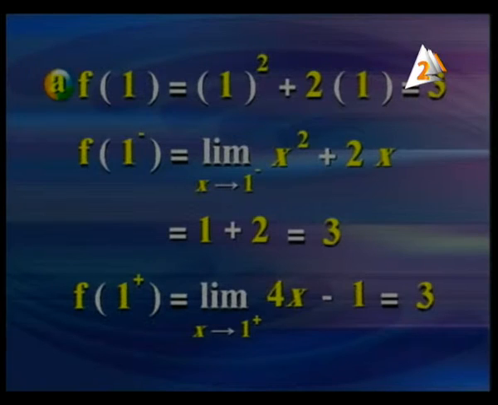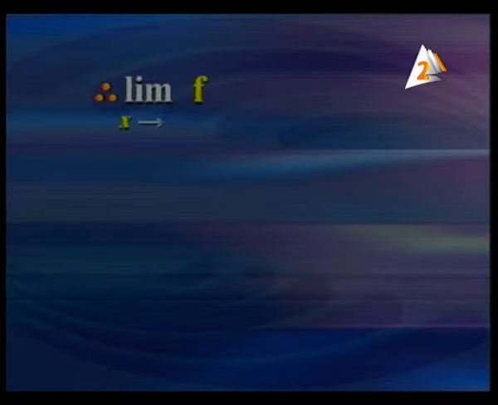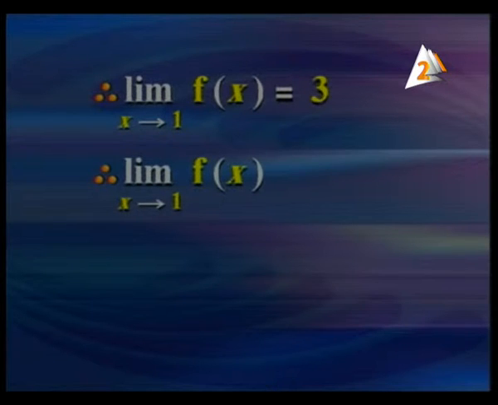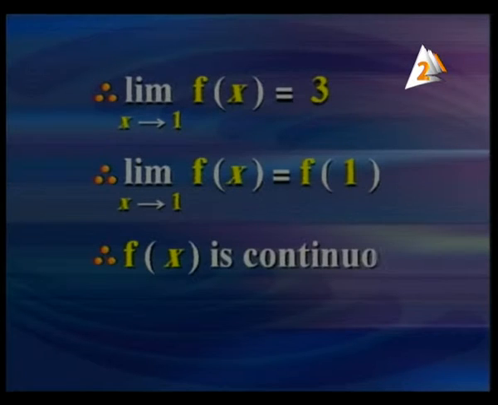What do you deduce, dear student? This function is continuous at x equals 1. Why? Because f of 1 negative equals f of 1 positive equals f of 1 equals 3. We deduce that the limit when x tends to 1 of f of x equals 3, which equals f of 1. f of x is continuous at x equals 1.